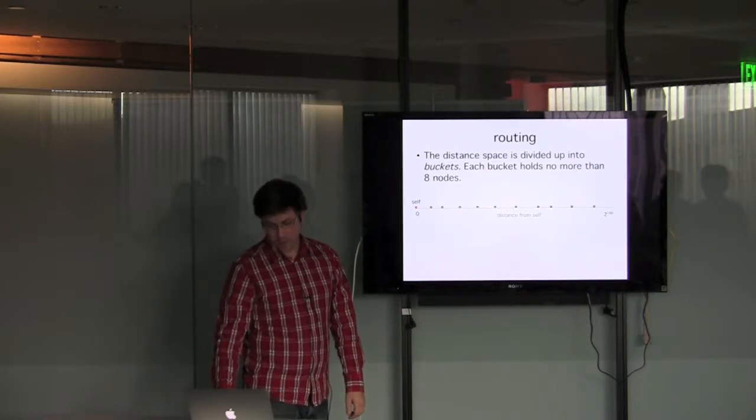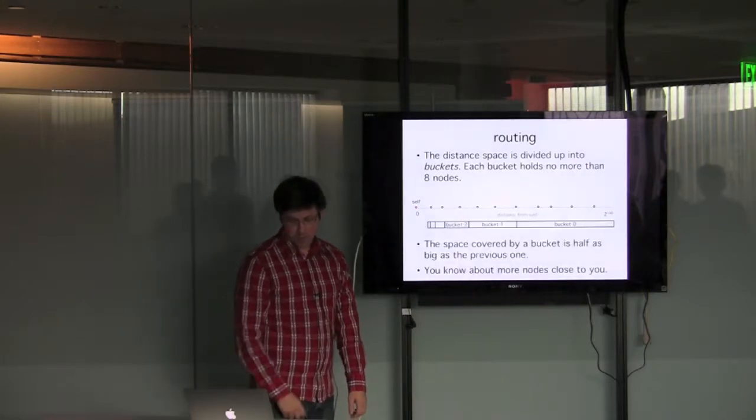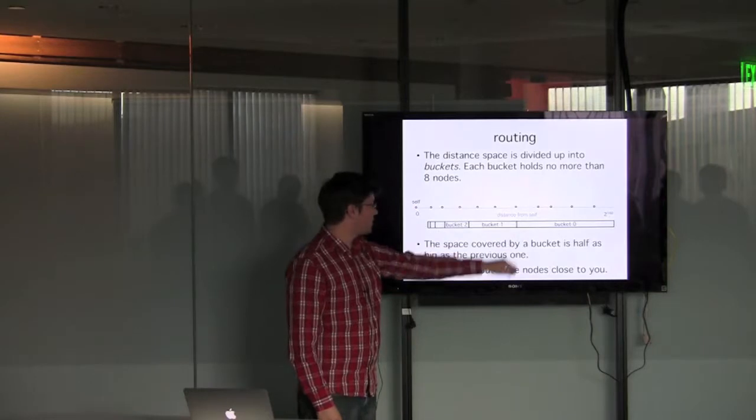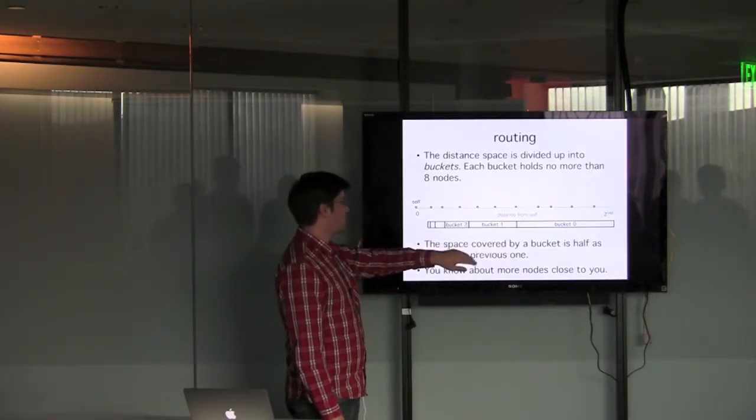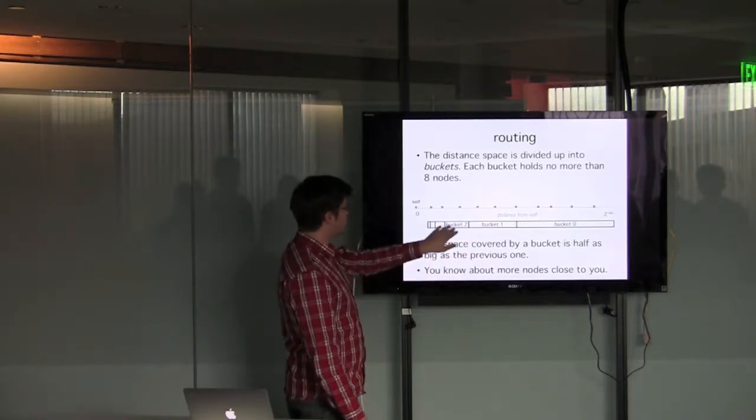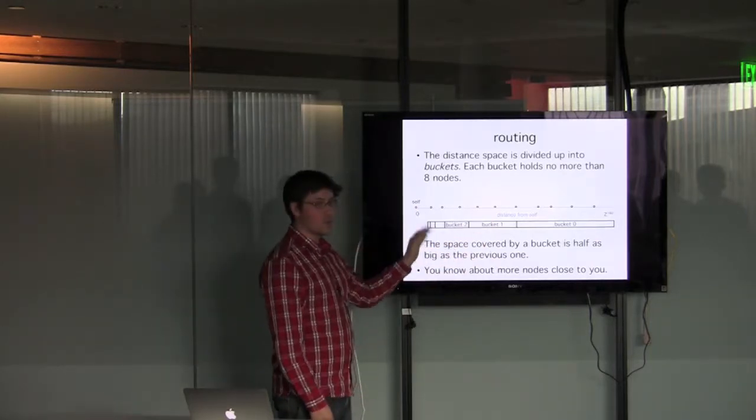And the way we divide these buckets up is that the first bucket, or bucket 0, covers half of the space. Bucket 1 covers a quarter of the space. Bucket 2, an eighth of the space, and so on.